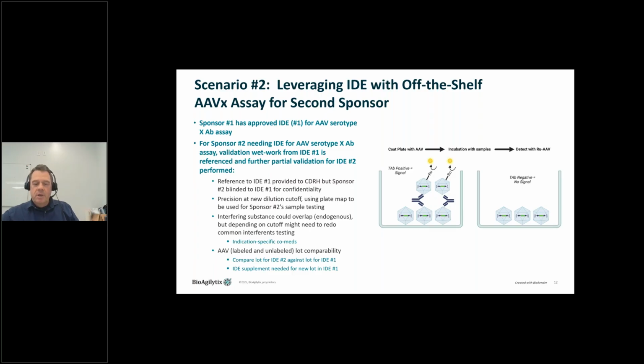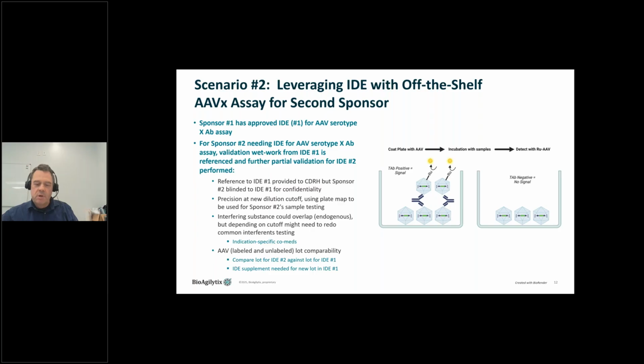But there may be additional validation, partial validation, to address any differences in the user needs between sponsor 1 and sponsor 2. For example, if the cutoff for enrollment is different, precision may need to be done at sponsor number 2's cutoff with the plate map to be used for sponsor number 2 if that plate map will be different. Also, interfering substances is a key one.